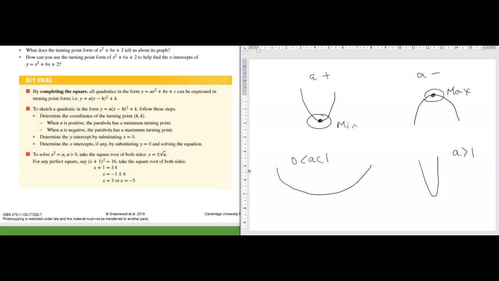You went through that in the booklet as well. When a is greater than 1, it could be negative or positive, so it could be a is less than -1. Then it just becomes a narrow upside down parabola.